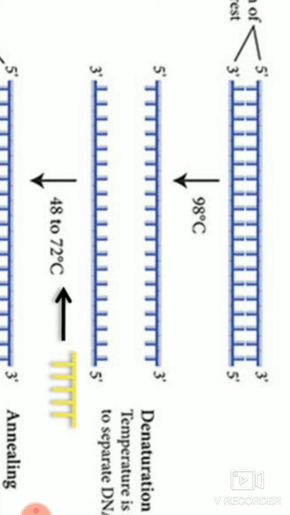So if you are doing a hot start, using a hot start DNA polymerase, then the activity requires a little higher range of temperature. That will not affect our DNA. It just allows the DNA to be separated.